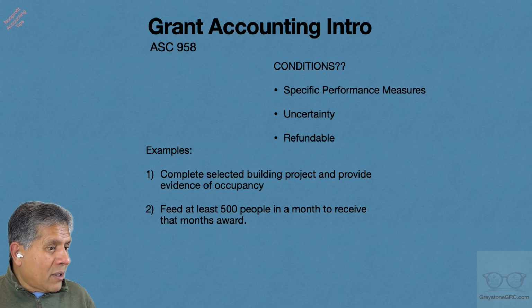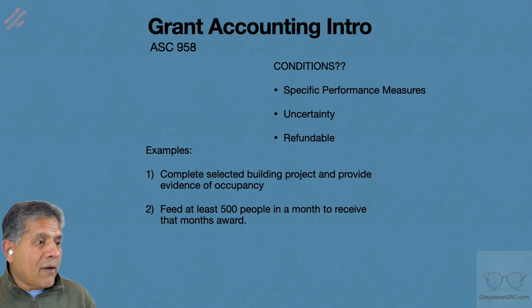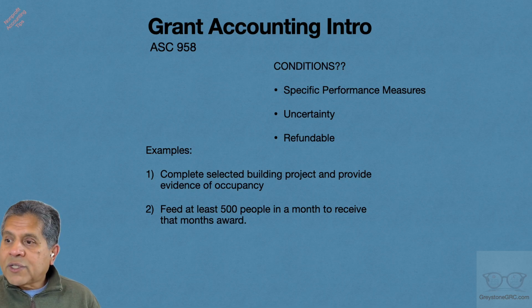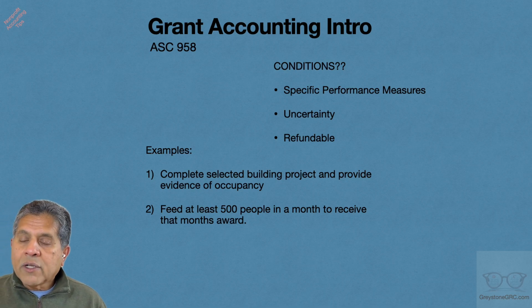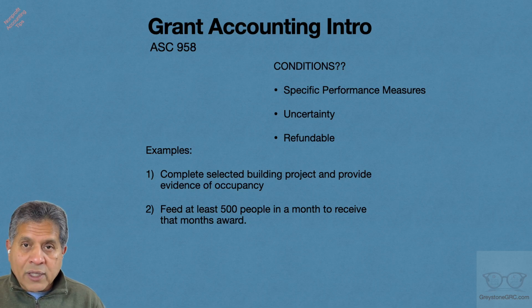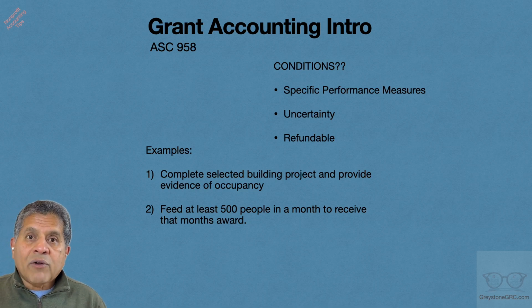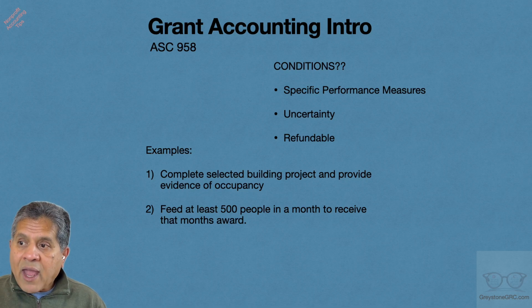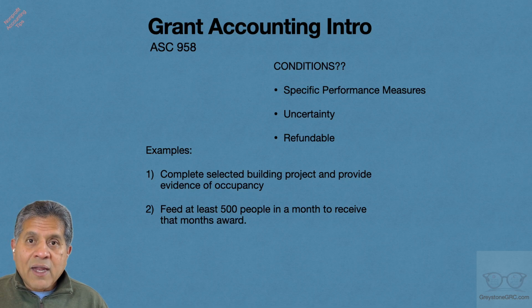For the next example, let's look at feeding at least 500 people in a month to receive that month's award. So here we've got to feed 500 people in a month to receive the award for that month. Again, it's measurable. You'll either hit 500 or you won't. If you don't hit the 500, you won't get the award. If you do hit the 500, you get the award. So this is specific and there's uncertainty. And since it's refundable, you may not get the money.